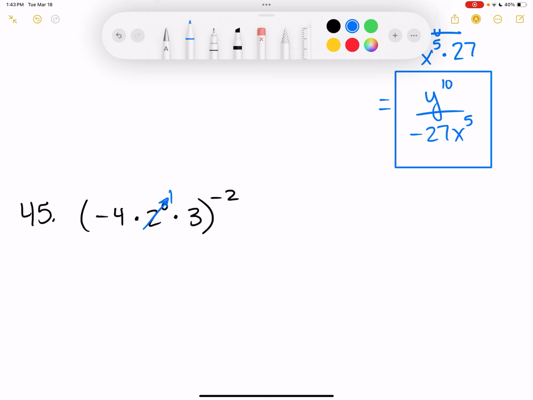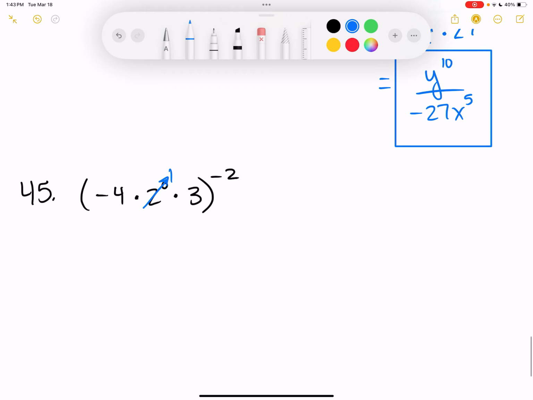Now, what is this negative 2 out here telling me to do? Distribute. Yes, but would we agree that all of these are just numbers being multiplied in here? So how about instead I multiply negative 4 times 3 first, and ultimately times 1, but that's not changing anything. So inside I have negative 12 raised to the negative 2.